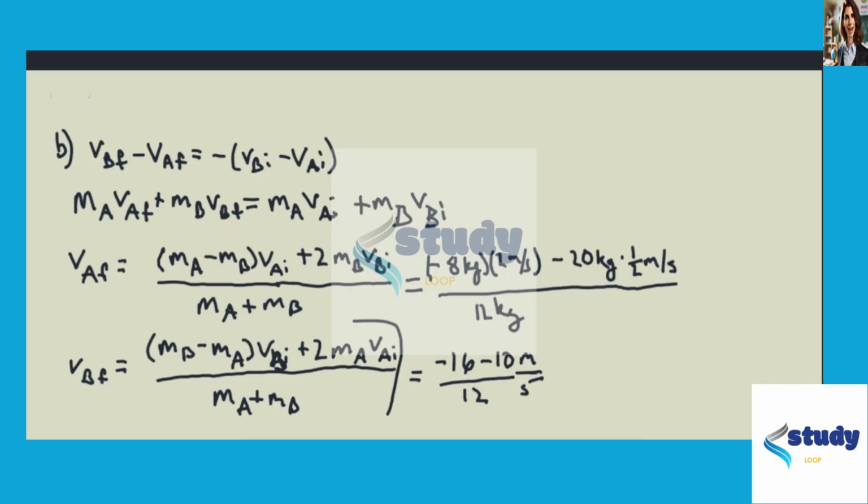And then that is -2 and 1/12. I'll spare you the ongoing use of fractions by writing it as a decimal, 2.17 meters per second going to the left.